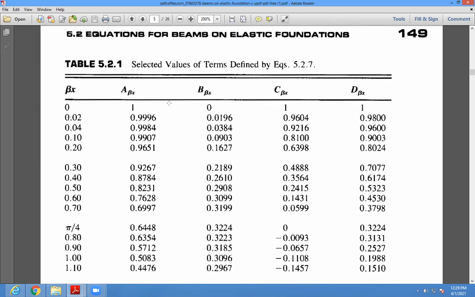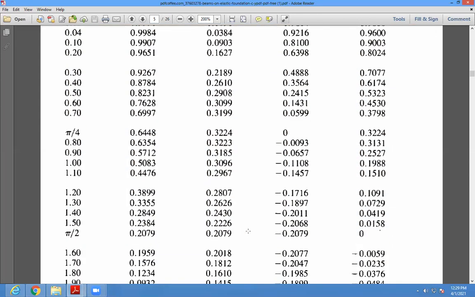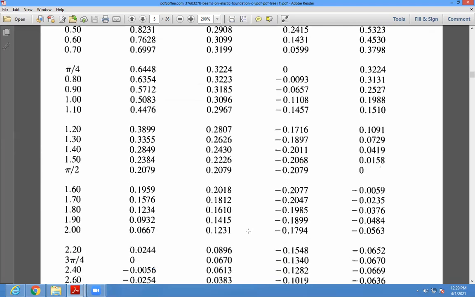Now if you refer to this, it is 0.3224. We will check another value also, whether some values are greater than 0.3224.